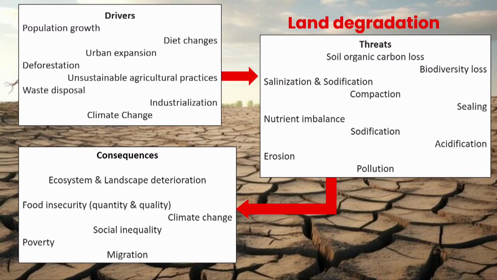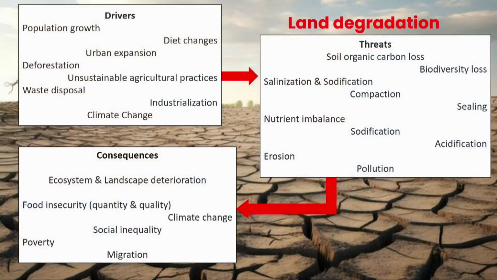And all of these cause ecosystem and landscape deterioration, and also cause food insecurity. We know that our continent is regarded as one of the food insecure continents. Although we have land, we have everything, we are regarded as one of the continents that is in poverty. This is one of the causes of food insecurity.